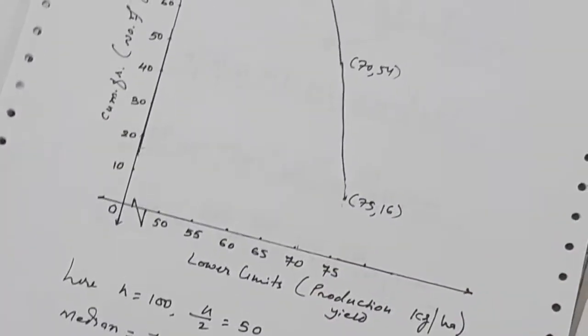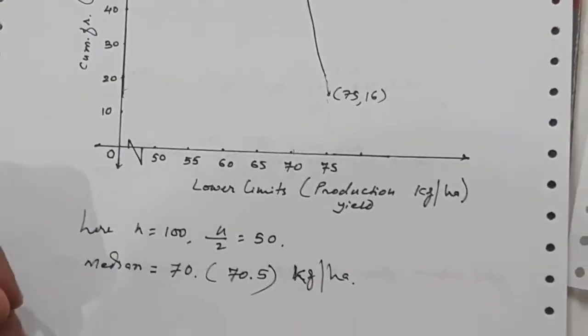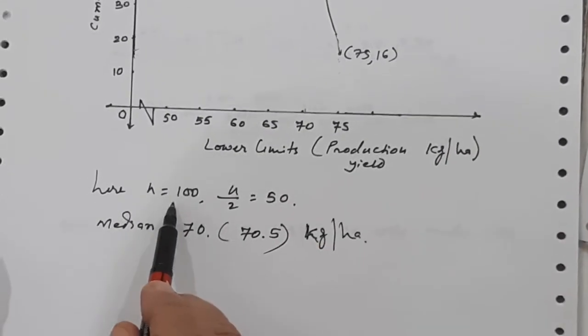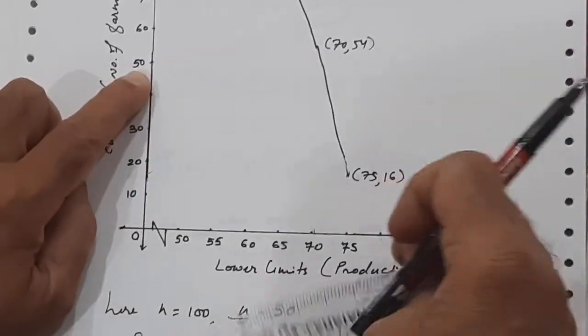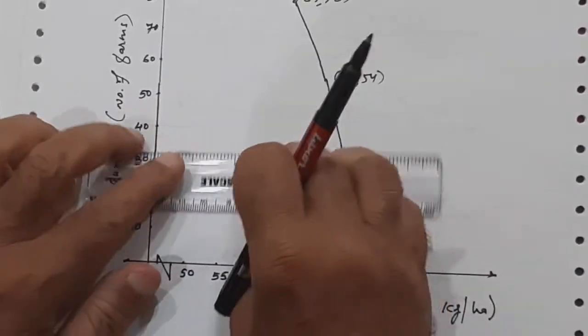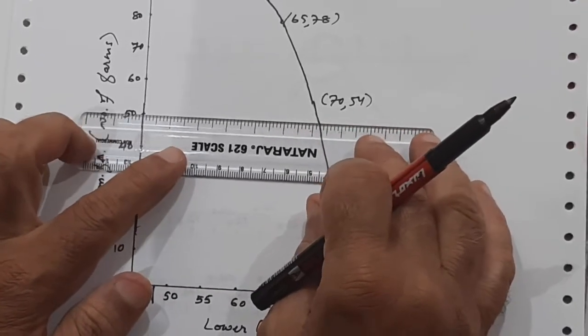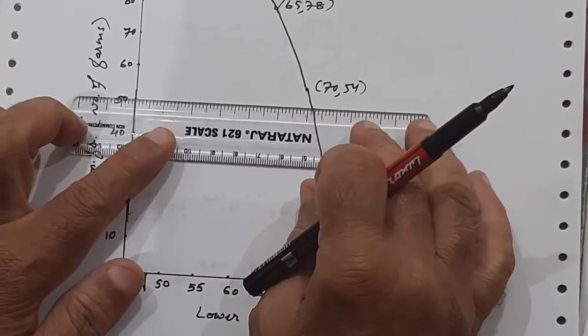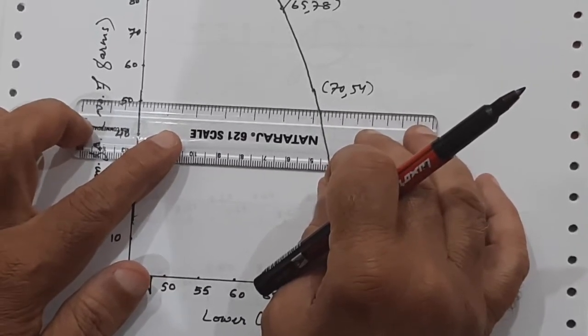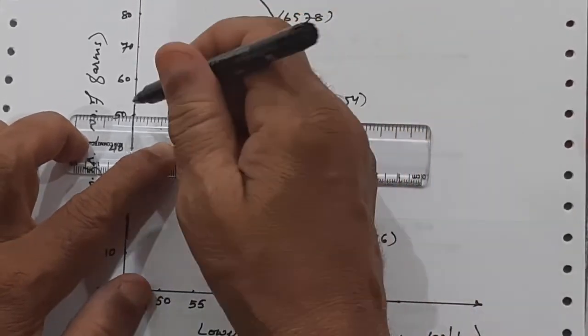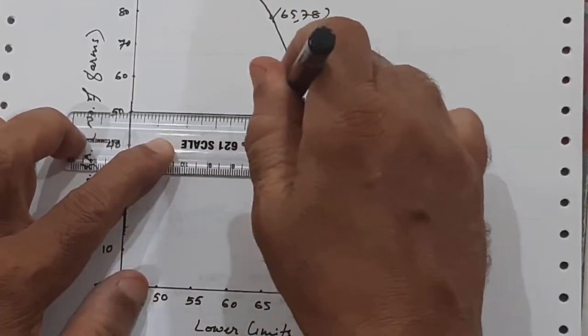Okay, now we can find the median also from this. You know that n is 100 and n by 2 is 50. So see where 50 is on the y-axis. From here you draw a line parallel to the x-axis.